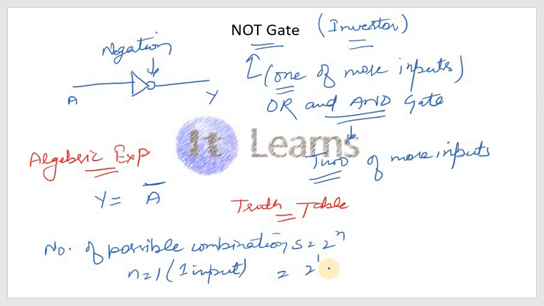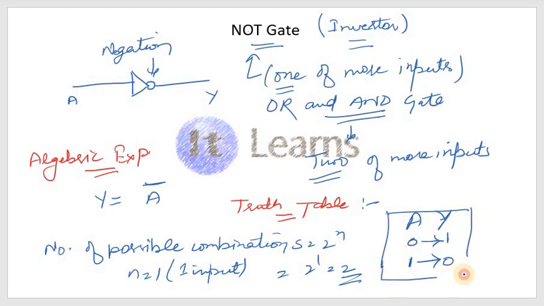So we have 2 raised to the power 1, that is 2 possible combinations. For A and Y we have 0 or 1, so the negation of 0 is 1, negation of 1 is 0. So 0 comes in, 1 goes out, 1 comes in, 0 goes out. This is the truth table for NOT gate. Now these are the 3 basic gates that we have discussed.